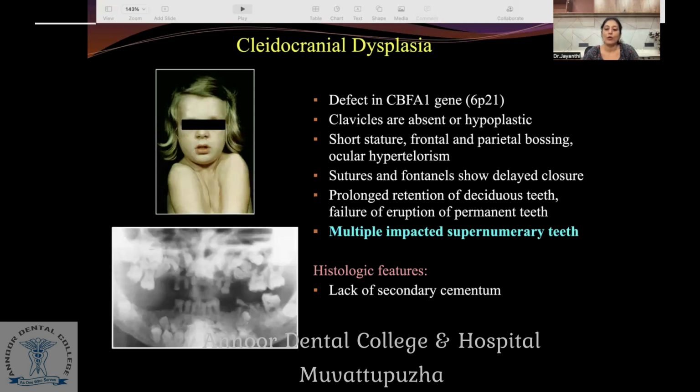There is something called the root formation theory, or in other words, only when cementum deposition and root formation happen properly, eruption will take place at the right time. These teeth do not have cementum, therefore root formation is affected, and that is one reason why the eruption is affected in these patients.